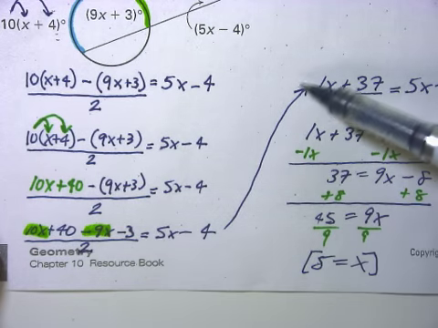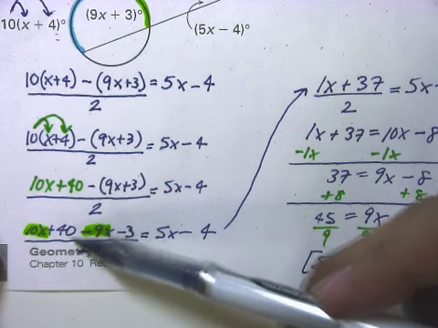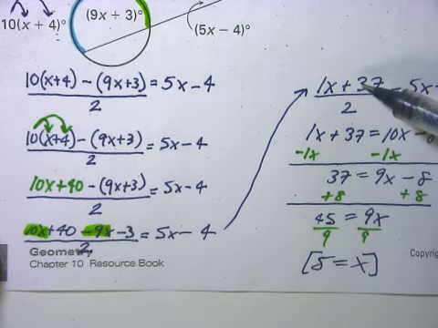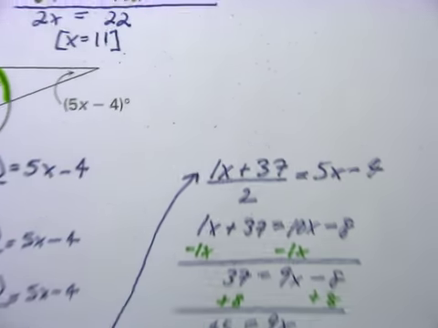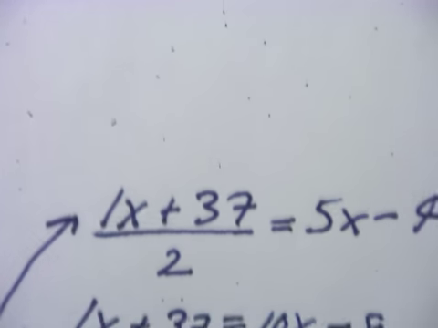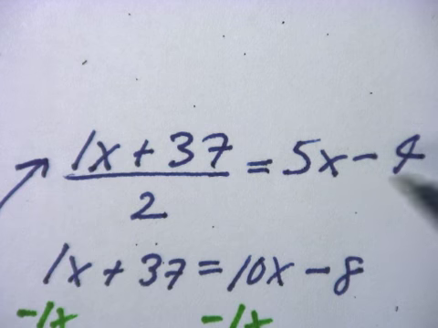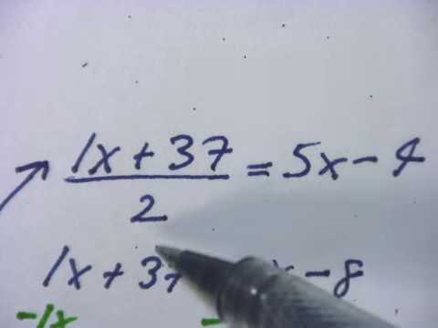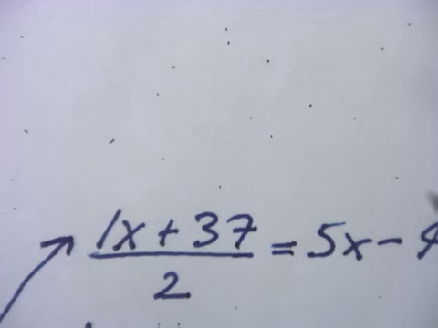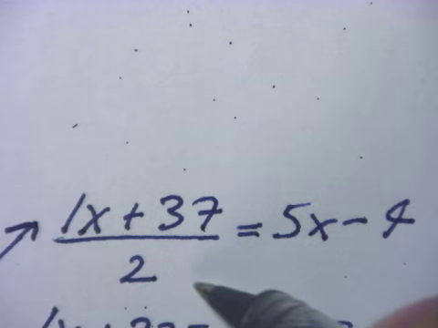Let me see if I can make this a little bigger. Here we go. So I'm going from the bottom here, I'm going up here. So 10x minus 9x is 1x. And positive 40 minus 3 is positive 37. And my equation is still divided by 2. And it's equal to 5x minus 4.